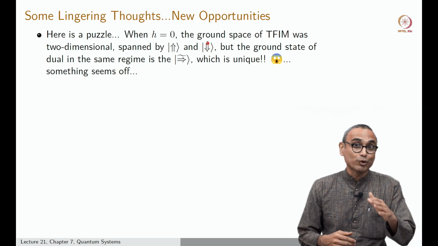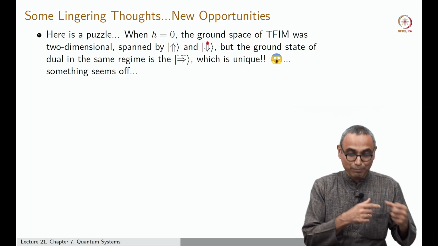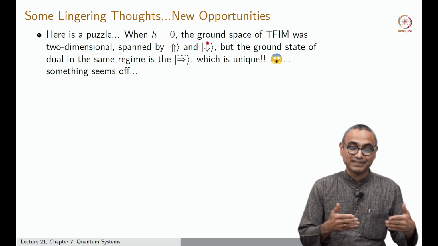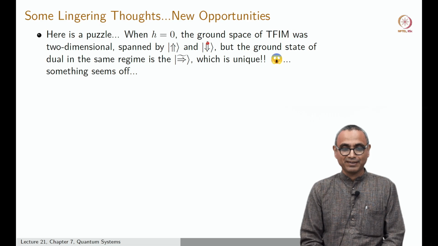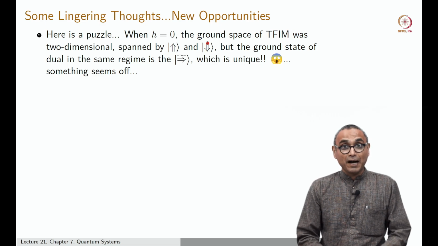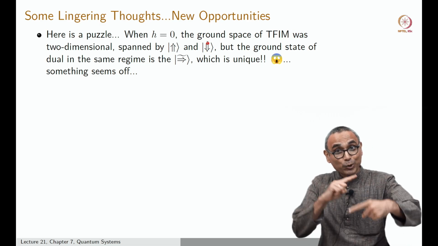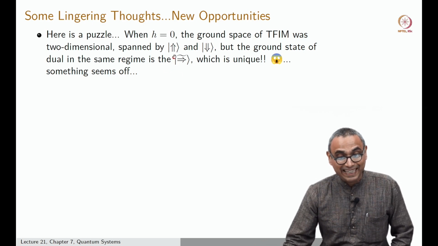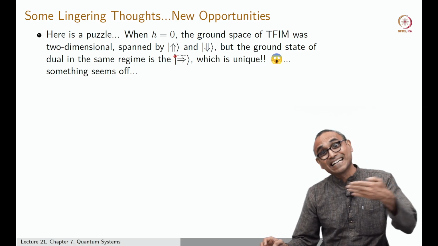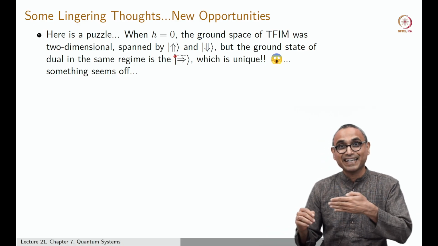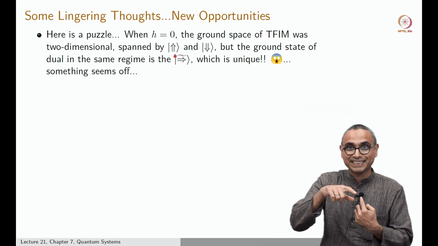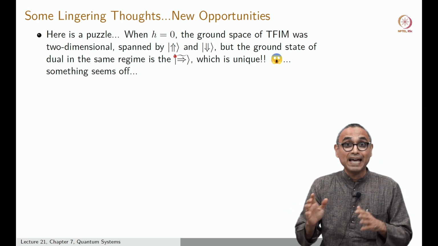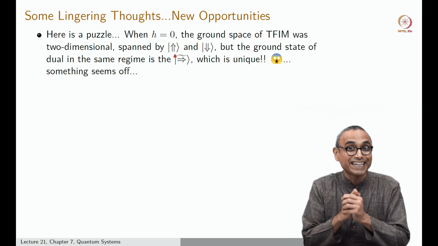So, that is what you would find in the model that we studied, the transverse field Ising model. But if I look at the problem in the dual language, then the ground state there is the x tilde right polarized state, because J and h have exchanged roles in that dual problem, and therefore it has a unique ground state.